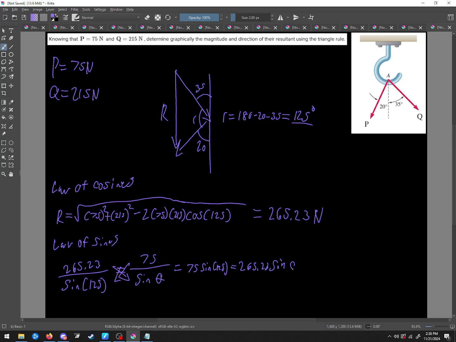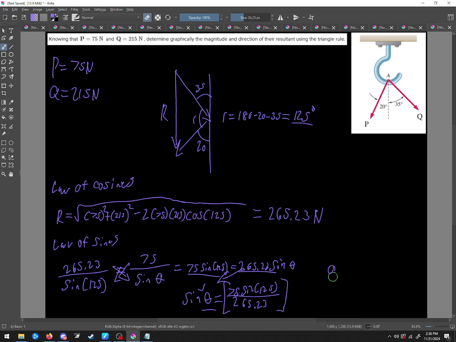is going to be equal to 265.23 sine theta. Now if we divide both of these by 265, we're getting that sine of theta is actually equal to 75 sine of 125 divided by 265.23. And then, of course, if we take the inverse sine of this, that means that we get theta alone.